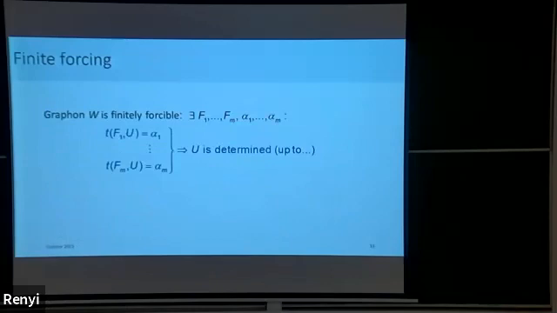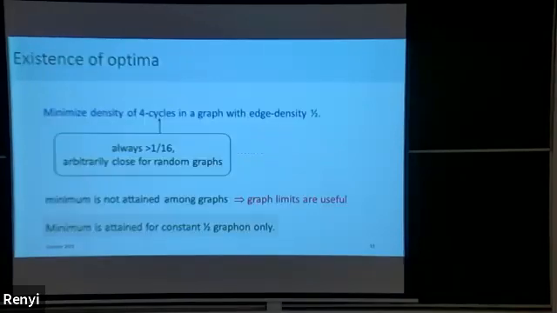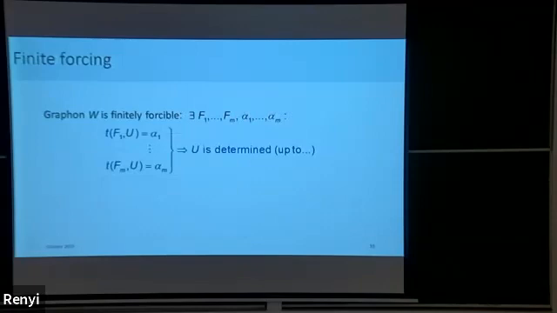And this way I come to finite forcing. Coming back here, what does this say? It says that if I tell you that here is a graphon and the edge density is 1/2 and the 4-cycle density is 1/16, then you know it is this single graphon. So it's uniquely determined by just telling you these 2 densities. So this means it's finitely forcible.